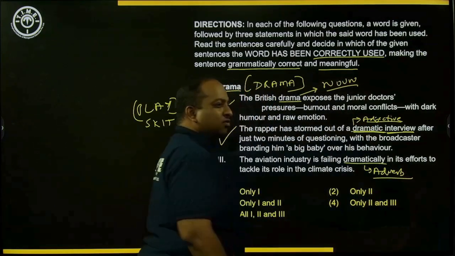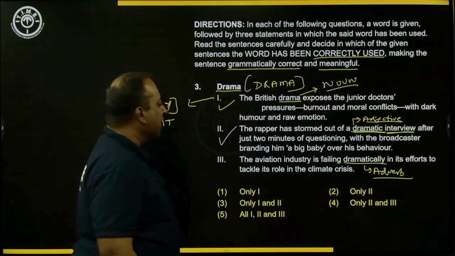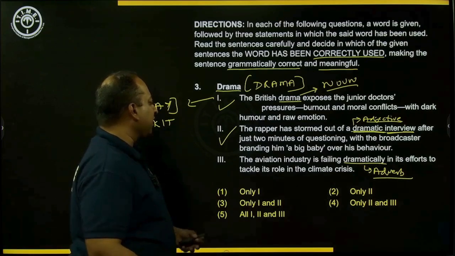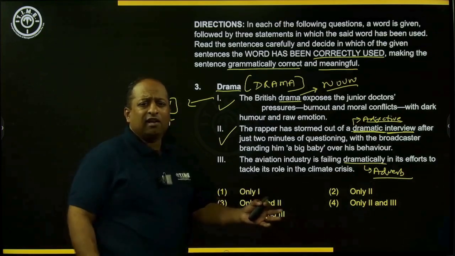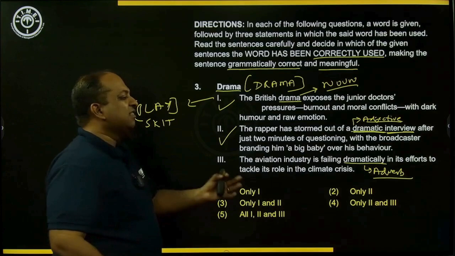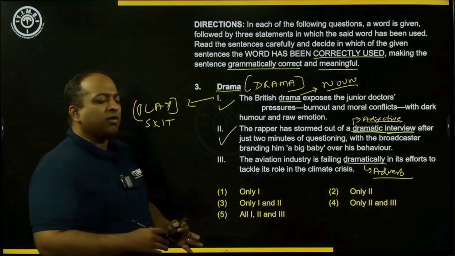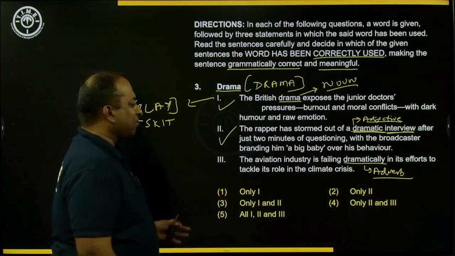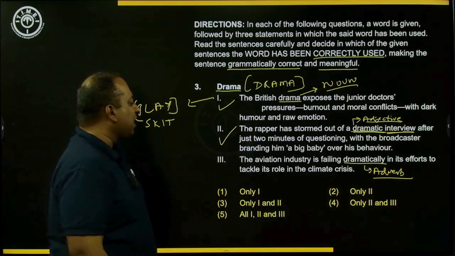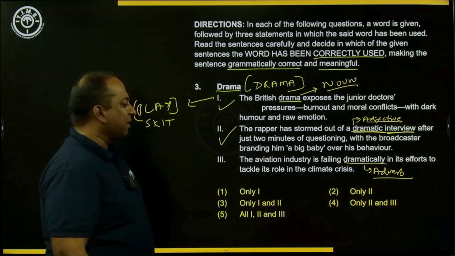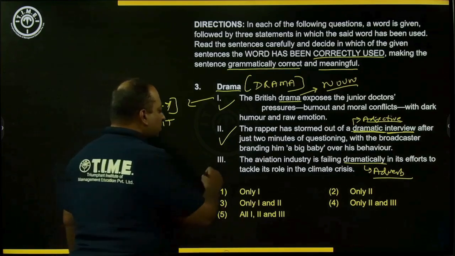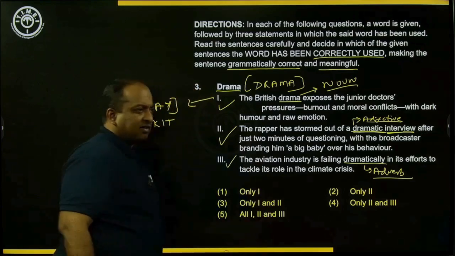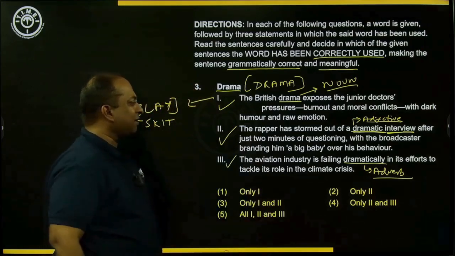So failing dramatically means failing severely. It's basically talking about the extent, the severity of the failing which is happening. So failing dramatically in its efforts to tackle its role in the climate crisis. So here also the statement is correct. It's grammatically correct as well as meaningful.